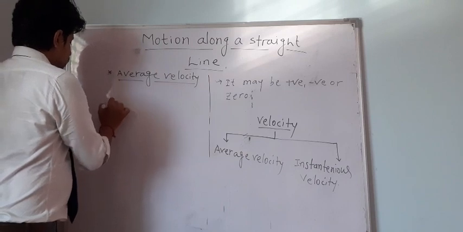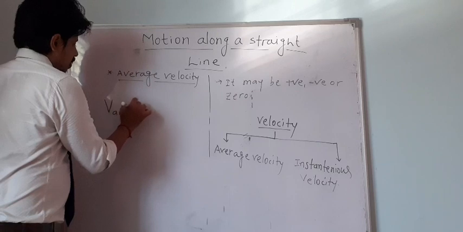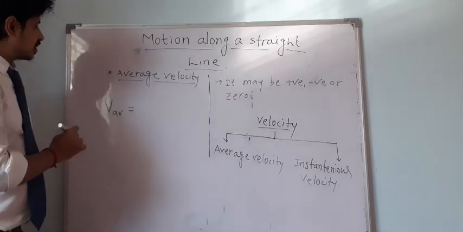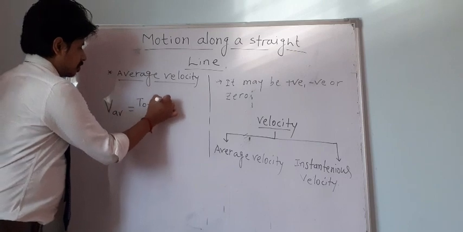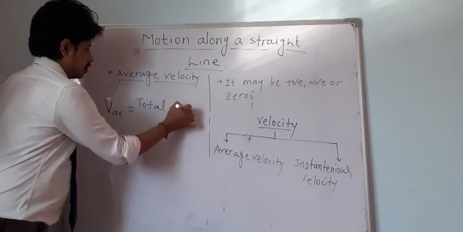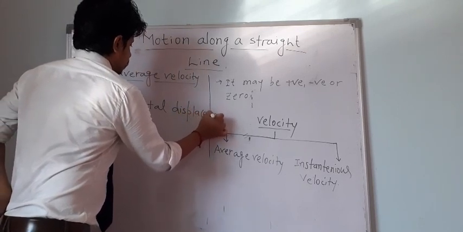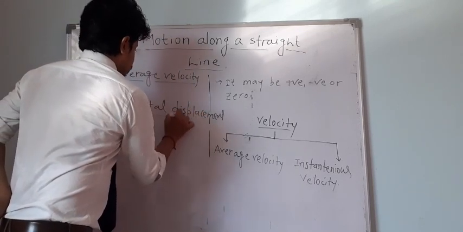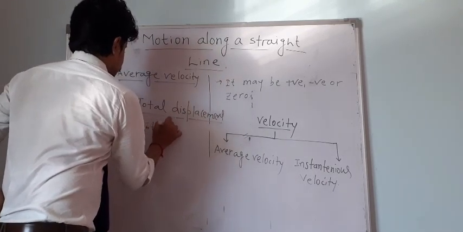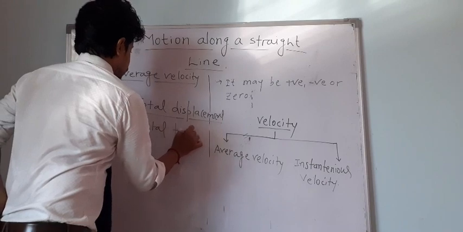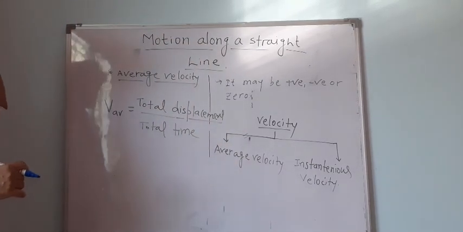Average velocity, V average, is equal to total displacement divided by total time.